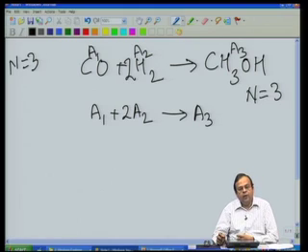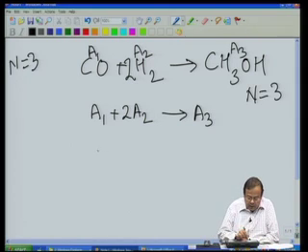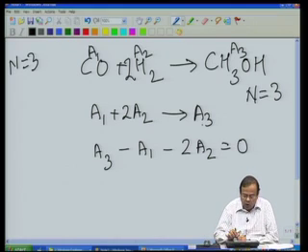But to make our representation more uniform, I am going to write the same reaction in yet another form, and that is A3 minus A1 minus 2A2 equal to 0. You will notice all I have done is kept the product as it is and brought all the reactants onto the other side, from what we normally write left to right.